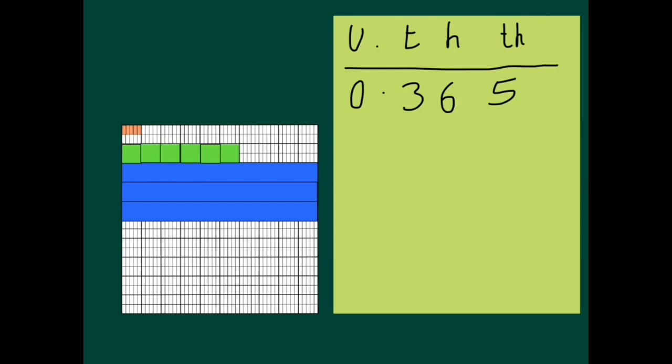Again, it's really tempting to read this as 0.365, but it isn't. We always read decimal numbers as single digits, like this, 0.365. When I write it as a fraction, with 1,000 as my denominator, I put 365 as my numerator. When I read it as a fraction, I read it as 365 thousandths.